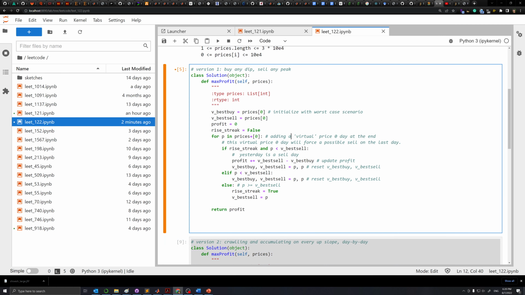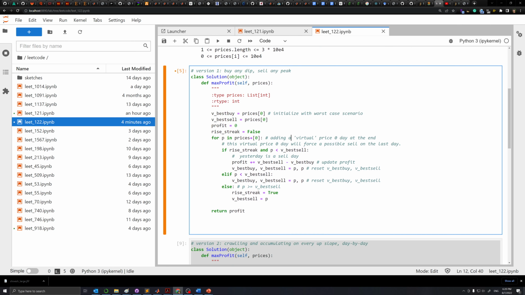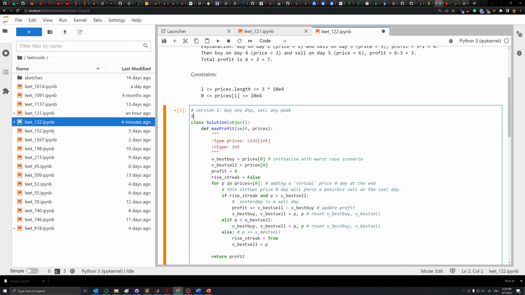In our first version of the code, our buy any dip and sell any peak heuristic does not rely on future step information. The decision is made right now.